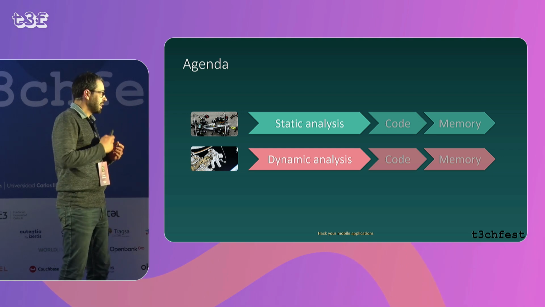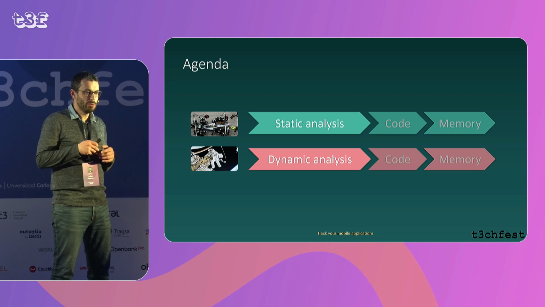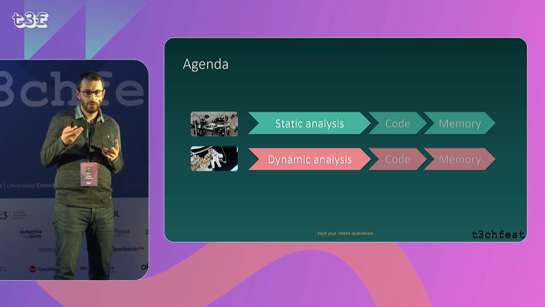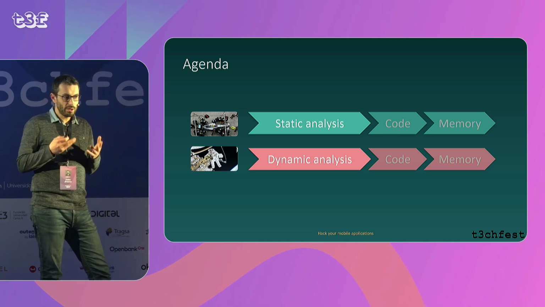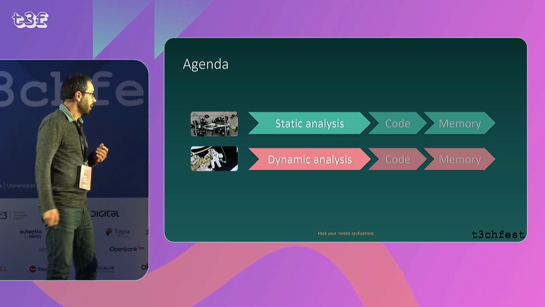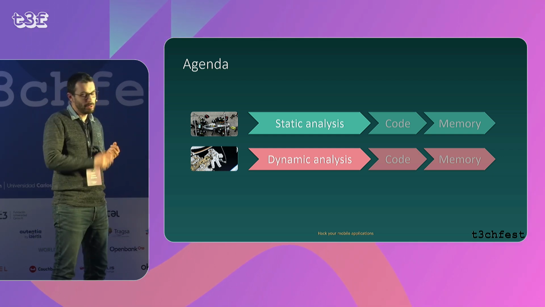For dynamic analysis, the application is running, and the attacker will instrument the phone and the application directly while the application is running. We will see this to analyze the code and memory.